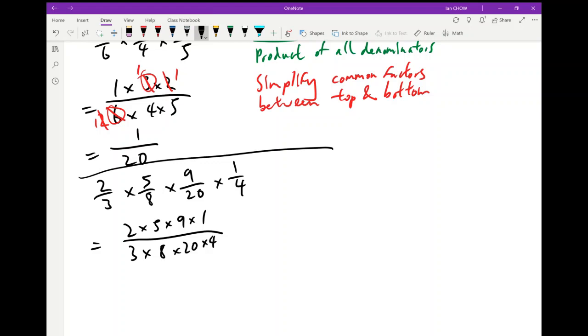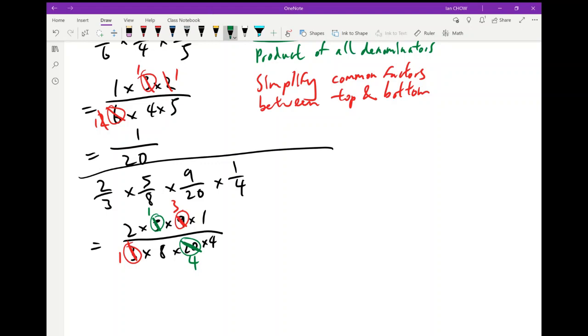And then what we're going to do here is we're going to start looking for common factors between the top and the bottom. And so over here we have 9 and 3. So if I divide top and bottom by 3, 3 becomes 1 and 9 becomes 3. And then we also have 5 and 20. They are common factors. So I can divide both of them by 5. 5 becomes 1 and then 20 becomes 4. And then 2 and 4 is also a common factor. I can choose either one of them.